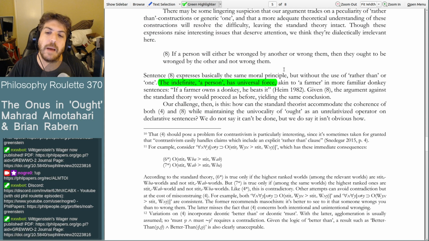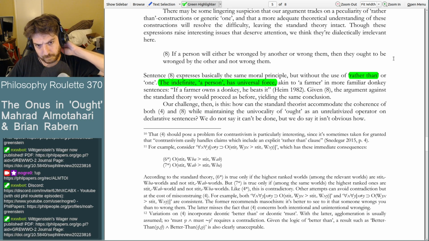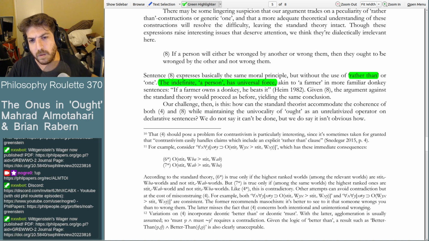And I'm saying it with respect to the generalization of the people. If a person, the indefinite, has the universal force. Yeah.